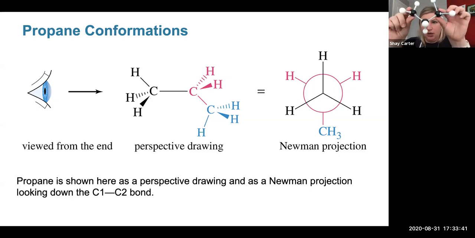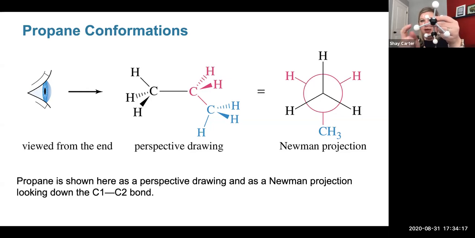So here we have a propane molecule. When we look down the bond, our Newman projection in the staggered conformation has, in the front, our 3 hydrogens.